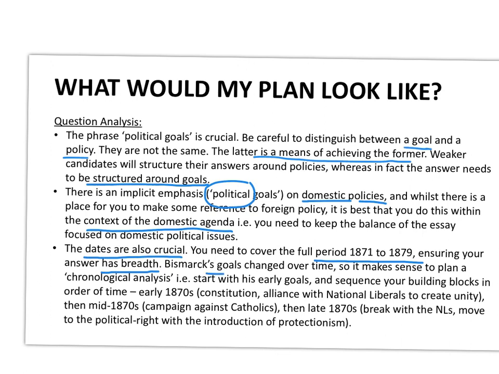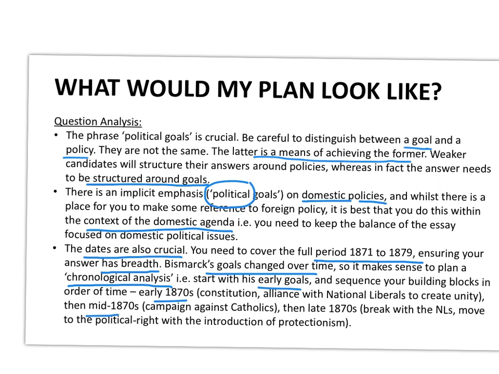Also, Bismarck's goals changed over time. So with this particular question, I would plan your answer in chronological order, what we call a chronological analysis. In other words, start with his early goals, the early 1870s, the Constitution, the alliance with the National Liberals to create unity, all of those sorts of policies were from the early 1870s.